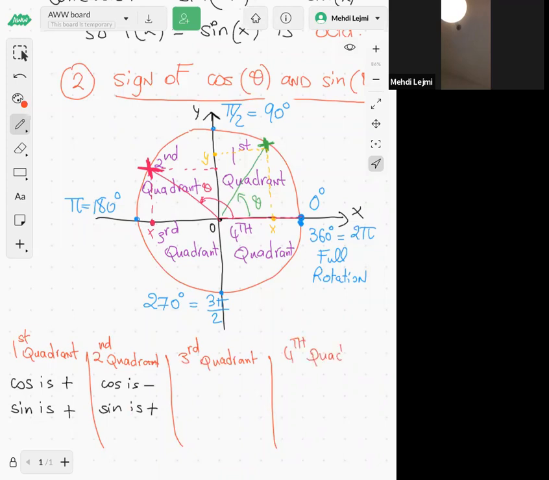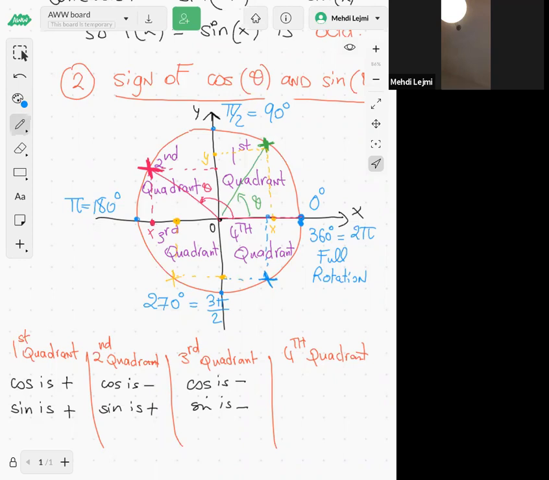Okay. Now the third quadrant, and after that, of course, the fourth quadrant. In the third quadrant, if you take a point here, the x is negative and the y is also negative, right? So both cosine and sine are negative in the third quadrant. In the fourth quadrant, if you take a point, for example this point here, the x coordinate is positive and the y coordinate is negative.